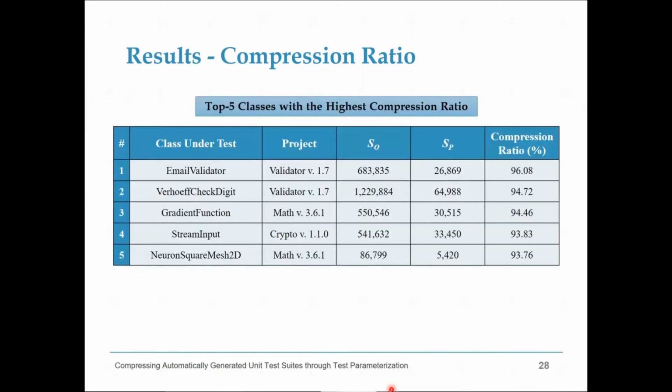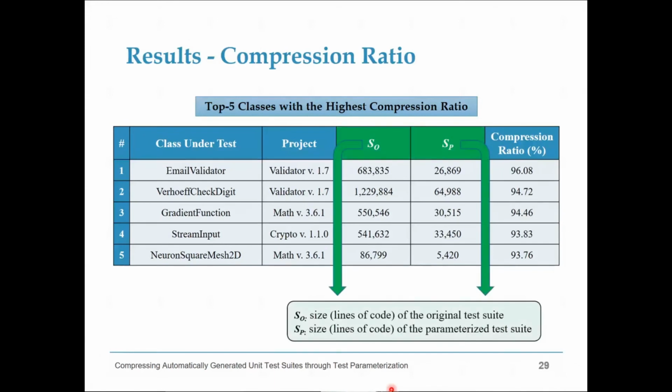Here you can see the top 5 classes with the highest compression ratio. As you can see in the table, S sub O shows the size of the original test suite in terms of lines of code, and S sub P shows the size of the parameterized test suite.